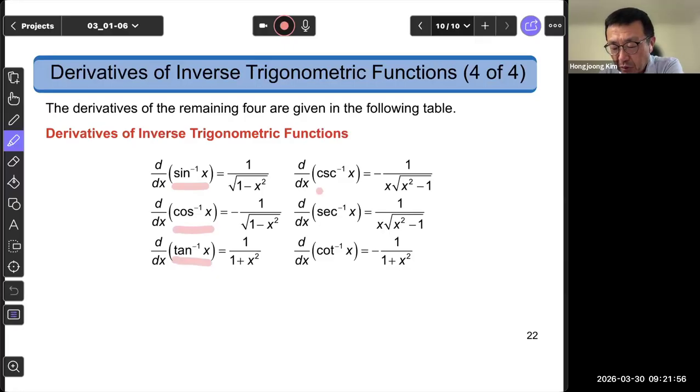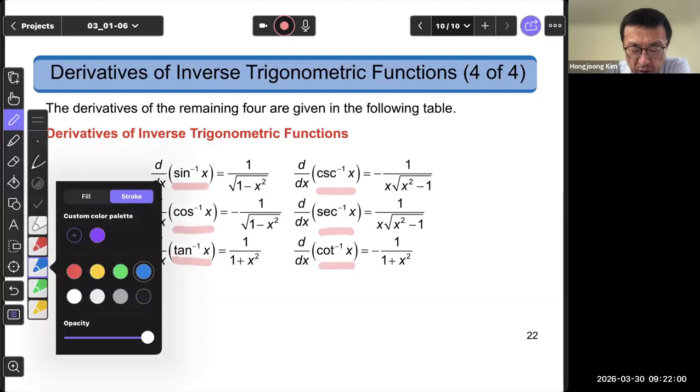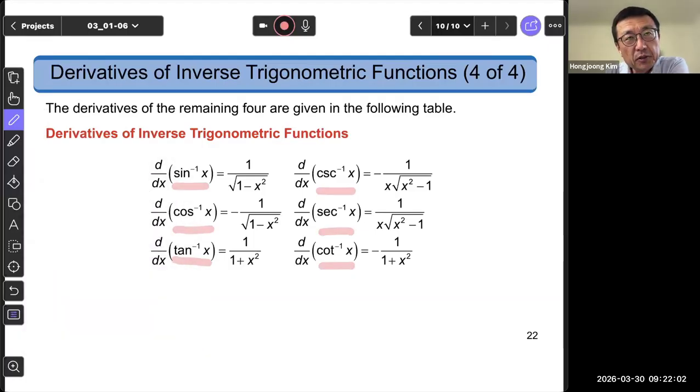And for your information, how did we derive this? For example, how did I differentiate the arcsine?